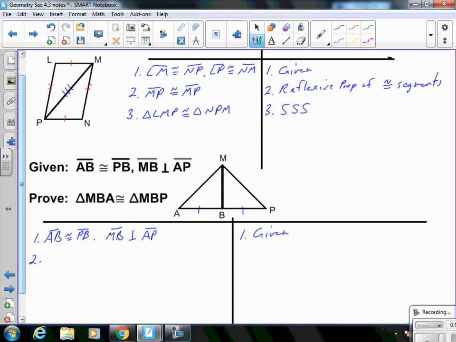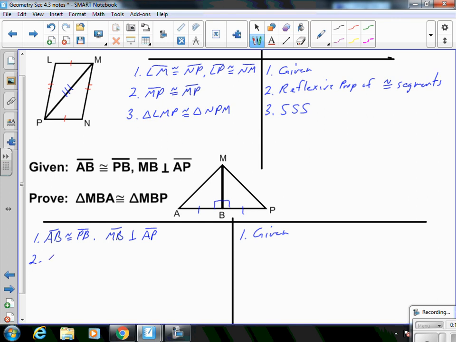If those two lines are perpendicular, what do we know about this angle here and this angle here? If this line is perpendicular to this line. They're both 90 degrees, or we call those right angles. Right?